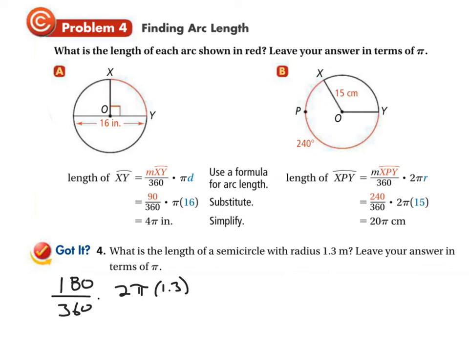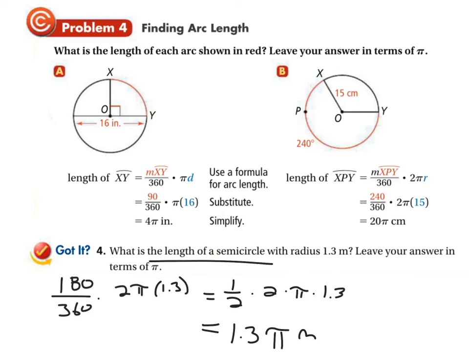So we're essentially saying 1/2 of 2 times pi times 1.3. And 1/2 of 2 is 1, so that cancels out. Pi times 1.3. And so we have 1.3 pi. And the units were meters as the length of the semicircle.